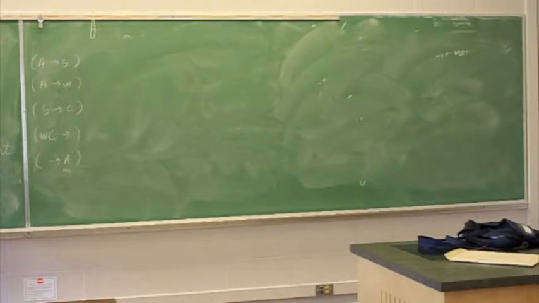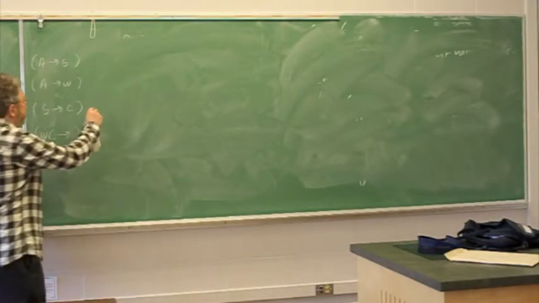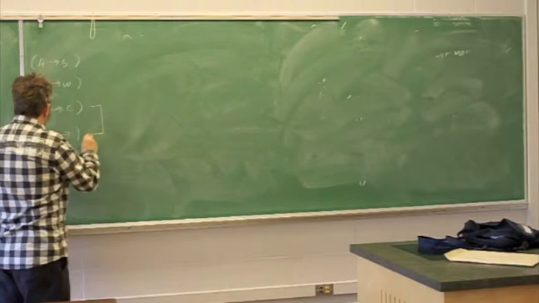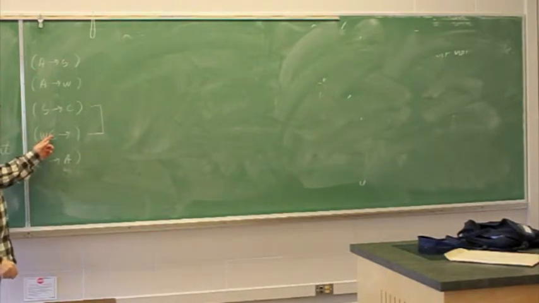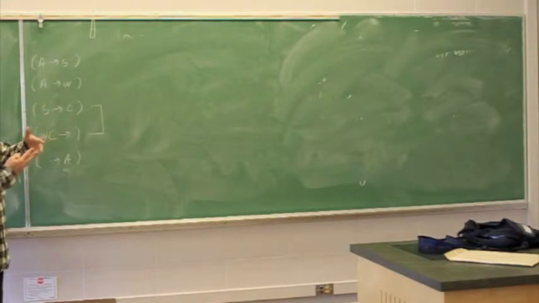What you do is look at pairs of clauses in which a variable appears on one side in one of the clauses and on the other side in the other. For example, there's this pair here, so we can put them together. C appears here and C appears here, so the C goes, but we just merge the remaining parts.